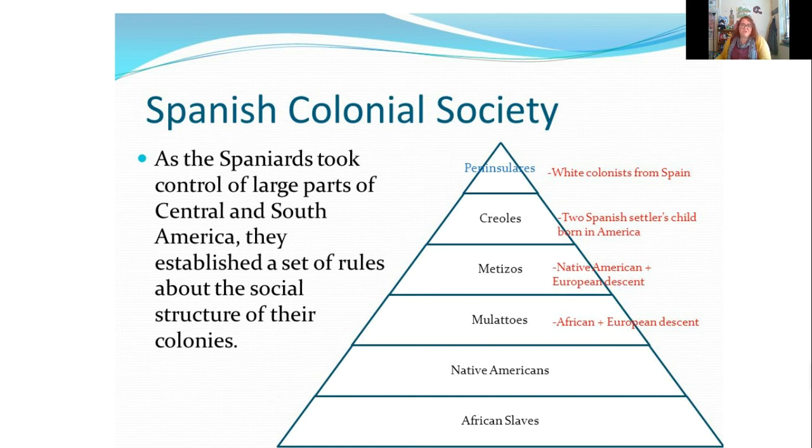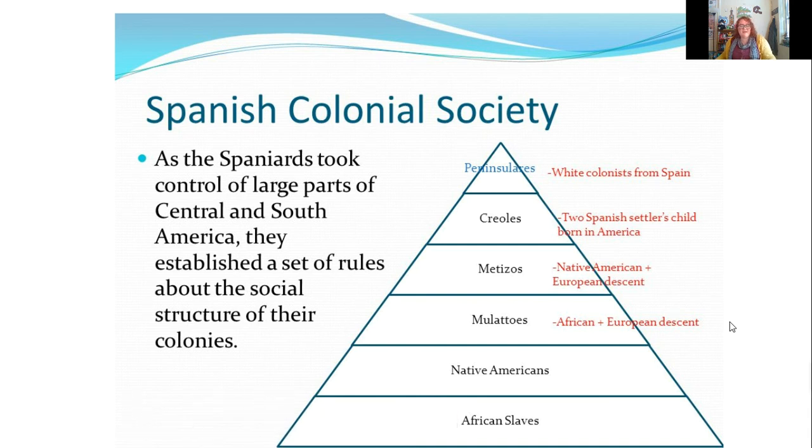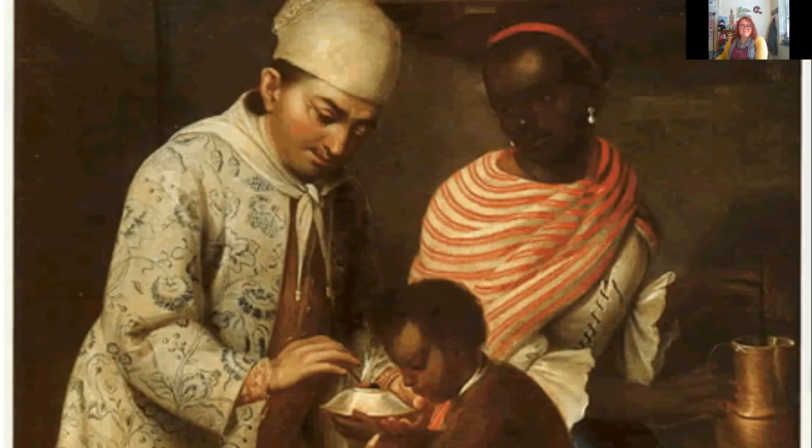So at the top, you had the Peninsulars, which were those white colonists from Spain. And then just underneath, you had the Creoles, which were Spanish, but they were born in the New World. Then you had the Native Americans plus European descent, which was the mestizos. Then you had the Africans with European descent, which were the mulattoes, and the Native Americans and Africans.